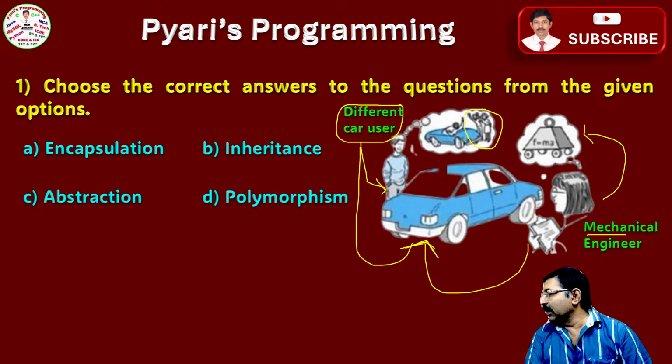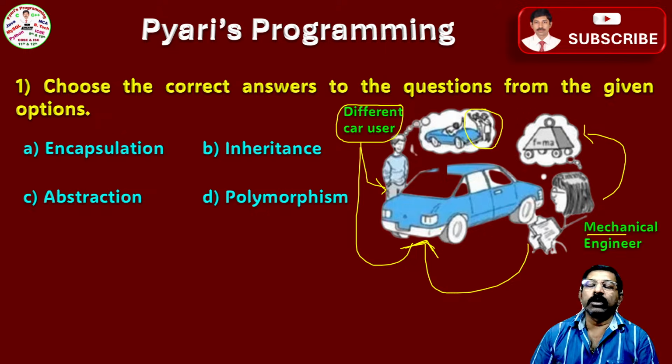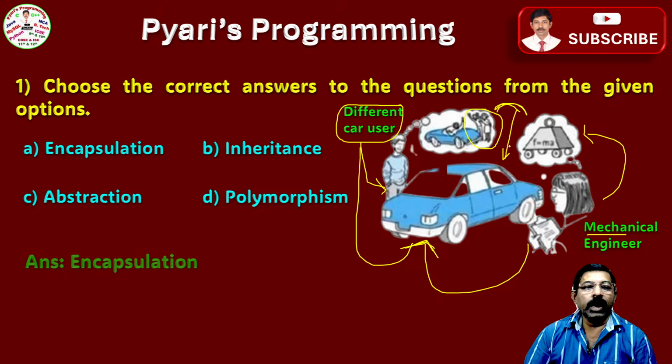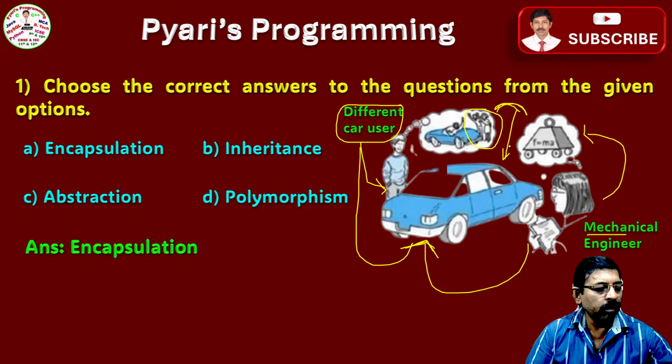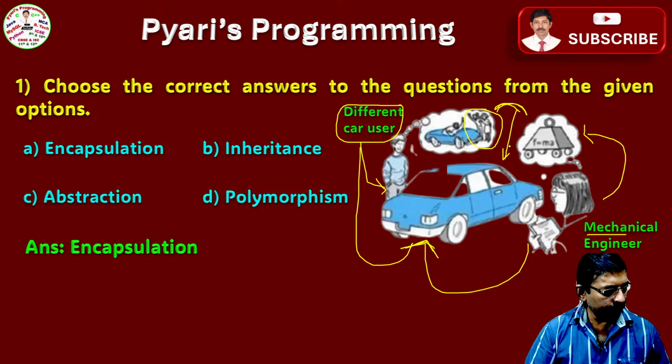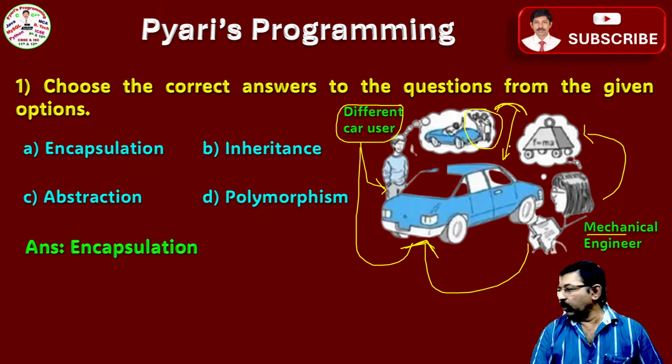So what exactly is it indicating? It is indicating encapsulation, wrapping of these two. These two concepts are wrapped in this car. Hence, as per my concept, it is encapsulation. Is it clear? Is it clear to all of you?